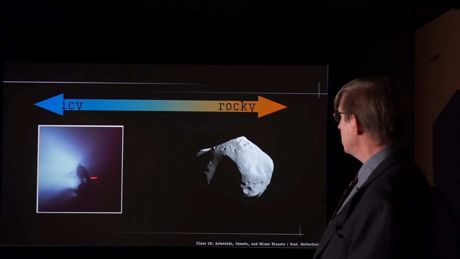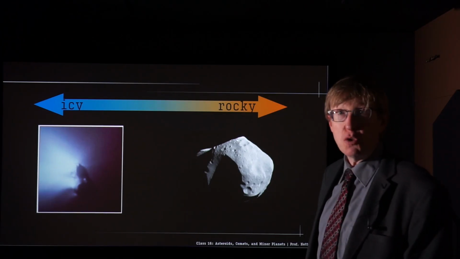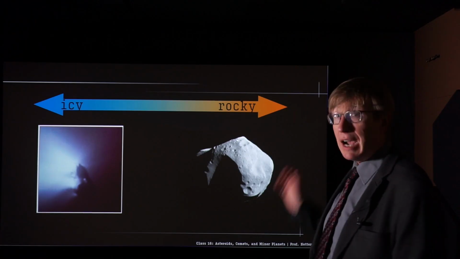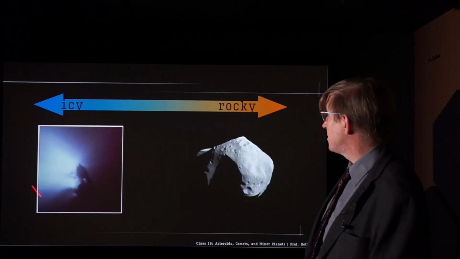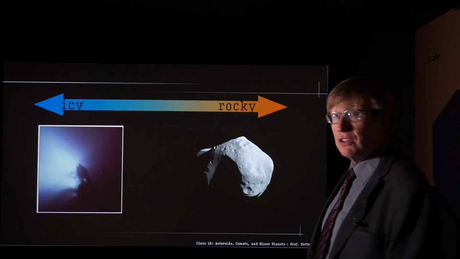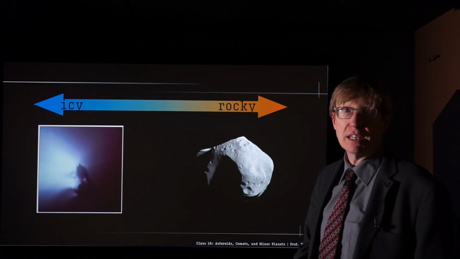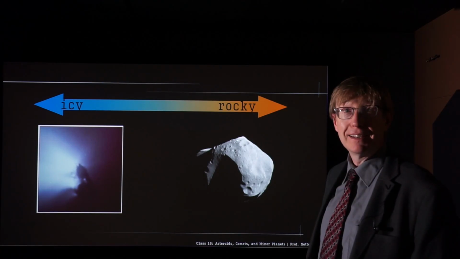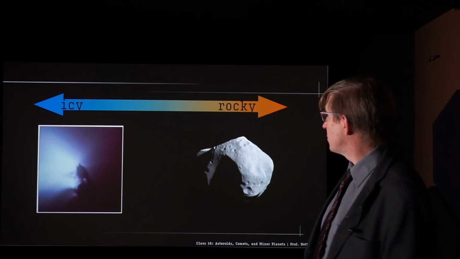So the composition tells you whether you've got a comet or an asteroid. If it formed far outside, it's going to be a comet. If it formed close to the sun, inside the frost line, inside the orbit of Jupiter, it's going to be an asteroid. So that's the difference.